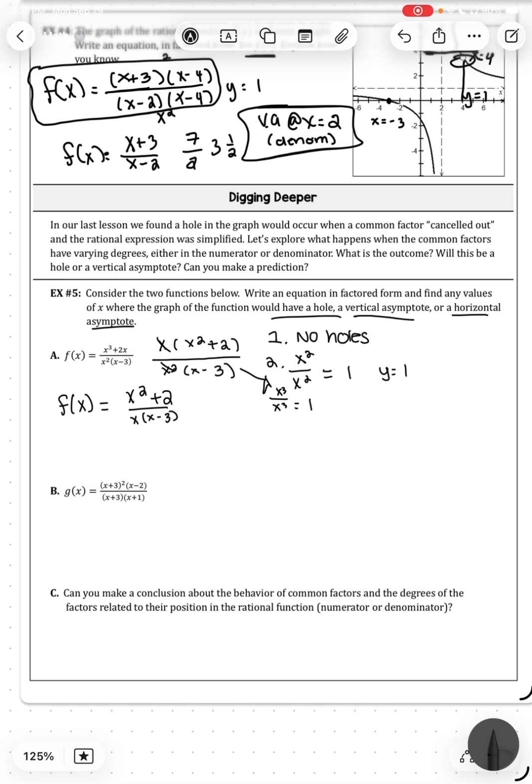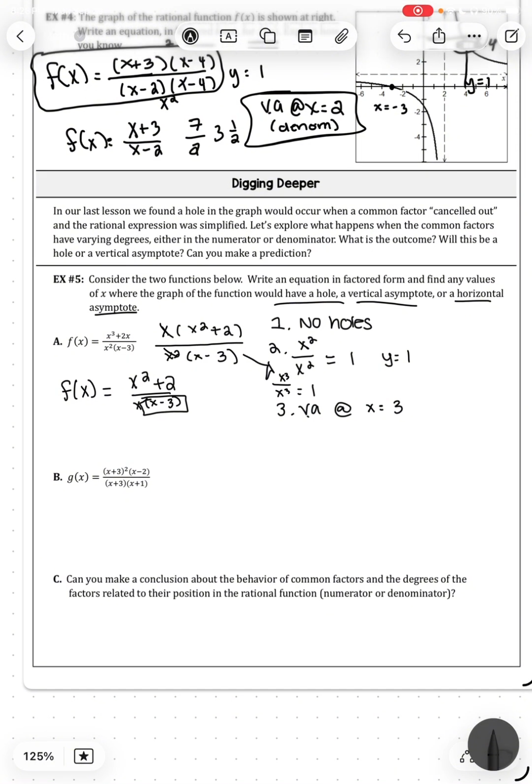Okay? And then we have a vertical asymptote at x equals positive 3, and we also have a vertical asymptote at x equals 0 because of this x right here.